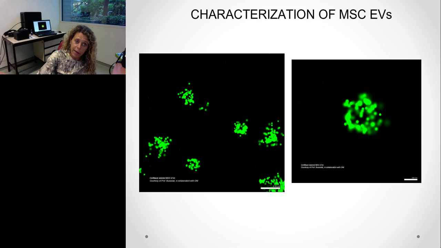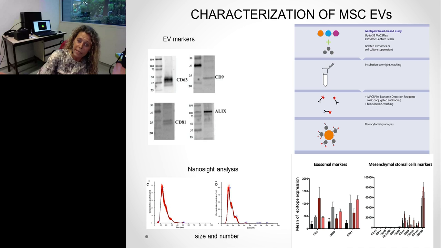The expression of markers which are characteristic of extracellular vesicles, we see here CD63, CD9, CD81, and ALIX. Also, we have the NanoView, which is a new instrument that allows us to analyze the surface markers. The MACSPlex is a bead-based cytofluorimetric assay that allows the comparison of multiple markers.